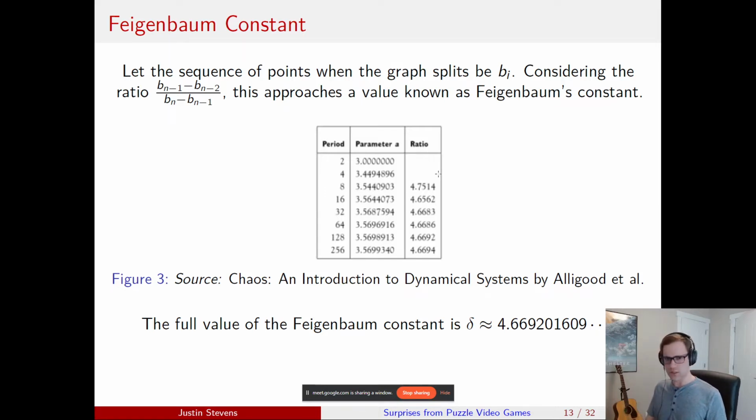When you take the difference between this 3.544 point and this 3.44 point and divide it by the previous difference, it's basically the limit that all of these ratios approach. Yeah, but it's two totally different systems that both have the same underlying structure, and that's the cool point.